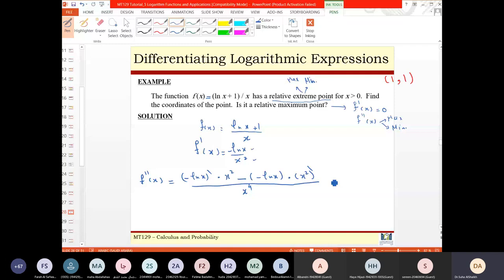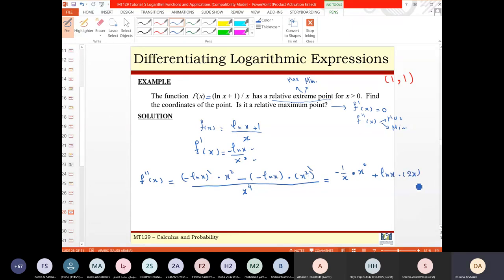What's the derivative of ln x? It is 1 over x. And don't forget we have the minus sign. Pay attention to the minus, the rule moves with me. Minus, this will be a plus because of this minus, ln x, and what's the derivative of x squared?